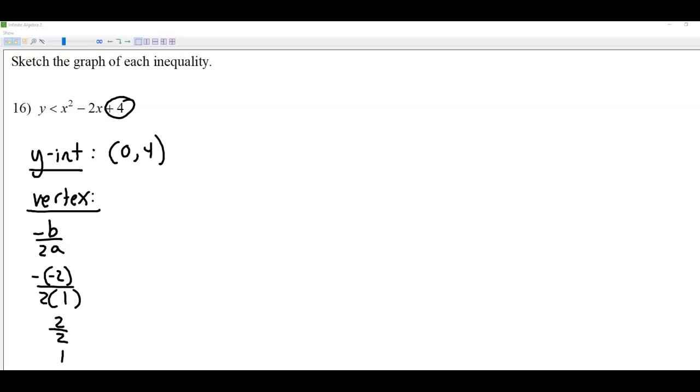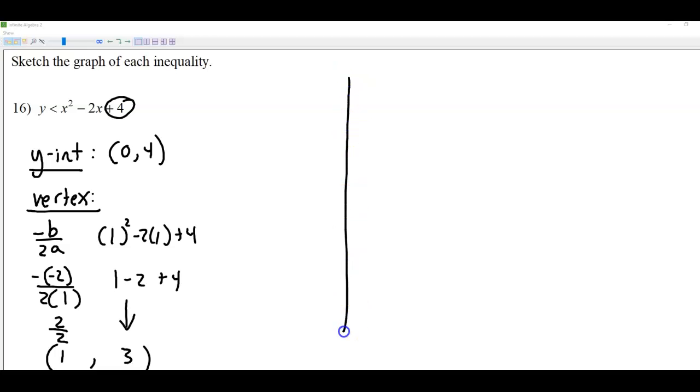And then I'm going to plug that into my equation now. And that comes out to be 3. So my vertex is 1, 3.